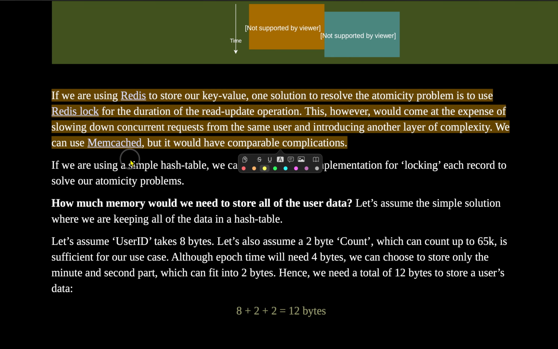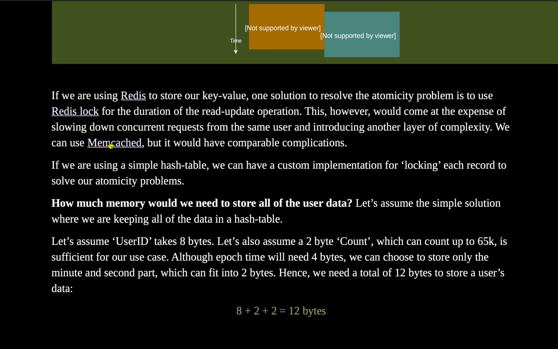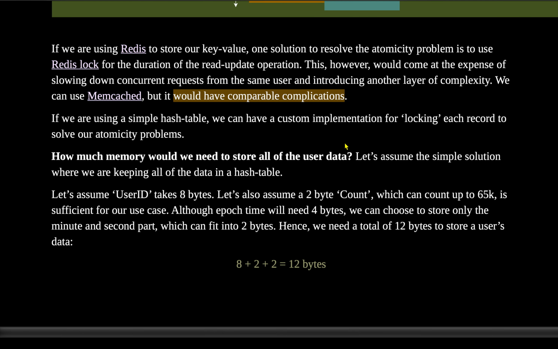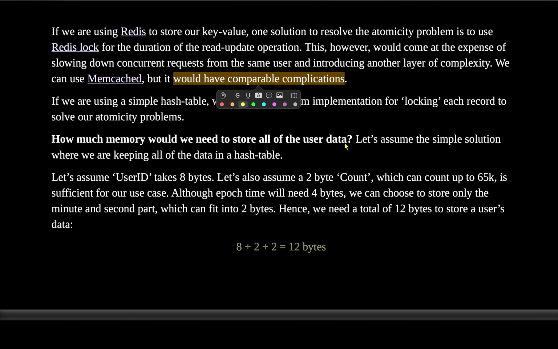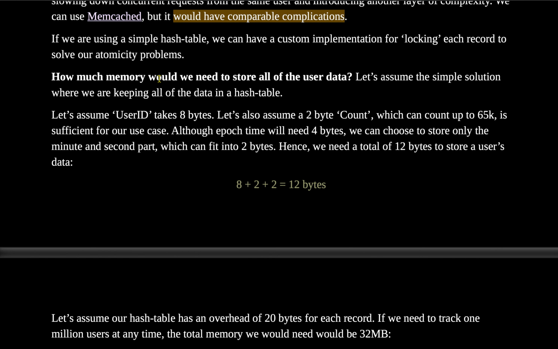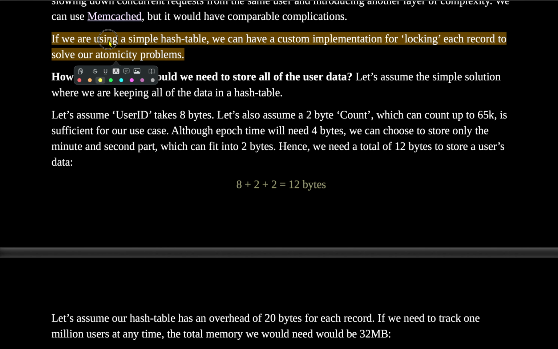Memcached is by Facebook, by the way, and it would add its own complications, and again we have seen that we don't want the user to wait much time upon the rate limiter, per our non-functional requirements. Now if we are using a simple hash table, we can have a custom implementation for locking each record to solve our atomicity problem.